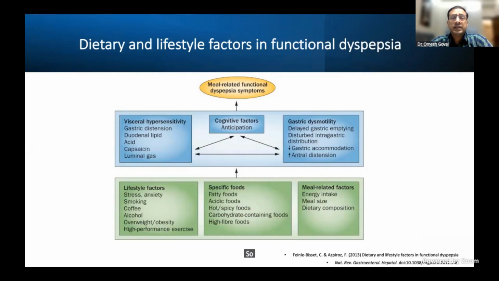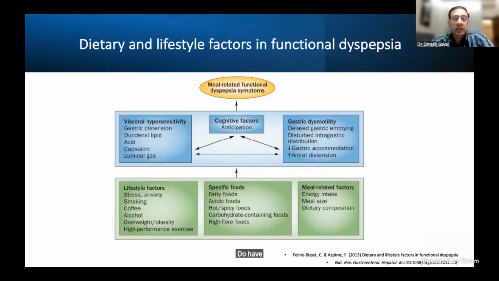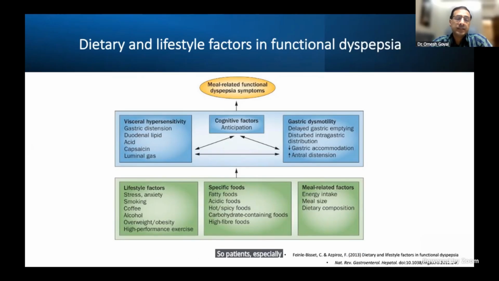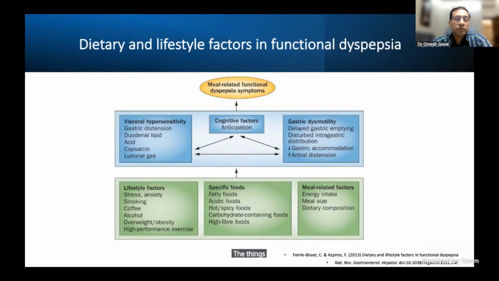So what are the dietary and lifestyle factors in these patients? Obviously these patients do have some factors which need control, and it basically comes in the management part, but I'll be discussing what can cause visceral hypersensitivity. Patients, especially those who have meal-related dyspeptic symptoms, who have symptoms only after a meal, in those the things are related more to gastric distension, duodenal lipid metabolism, more acid and luminal gas.